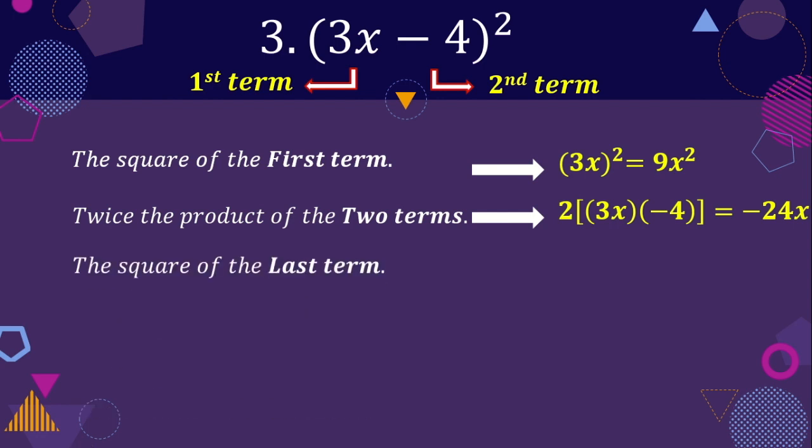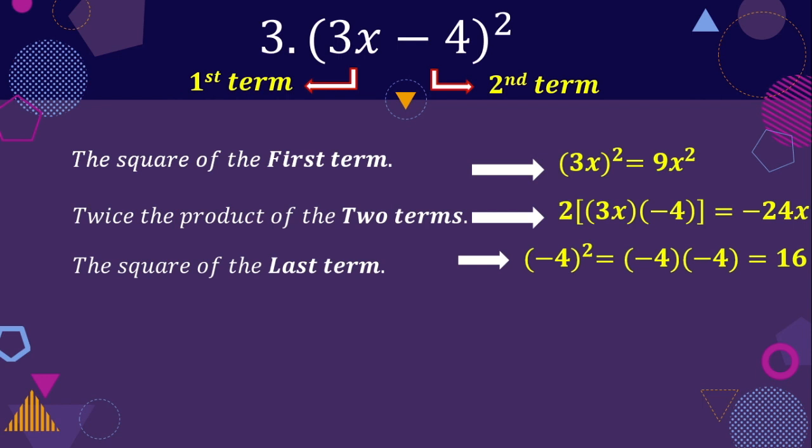For the last step, the square of the last term. Our last term is negative 4, and all we have to do is to square it. And we will have the quantity negative 4 squared. When we expand, we will have negative 4 multiplied by negative 4, and our answer is positive 16.